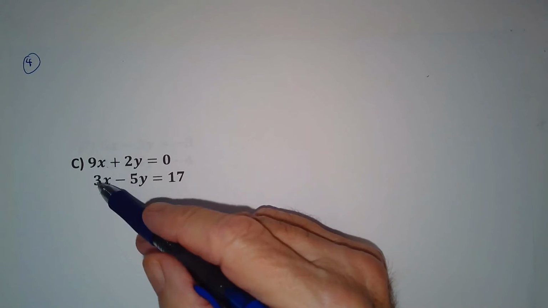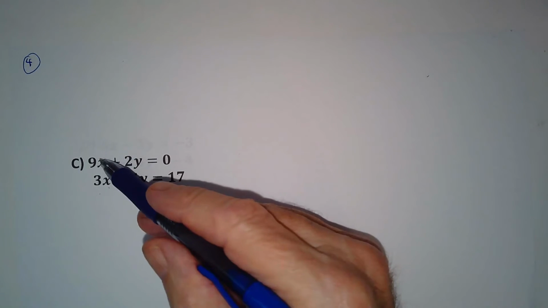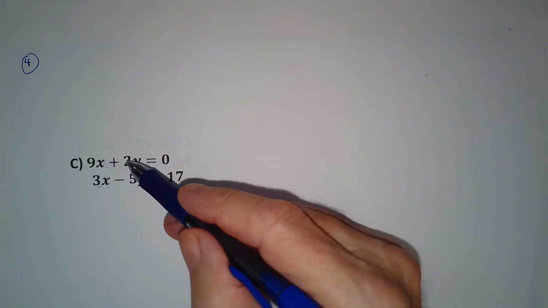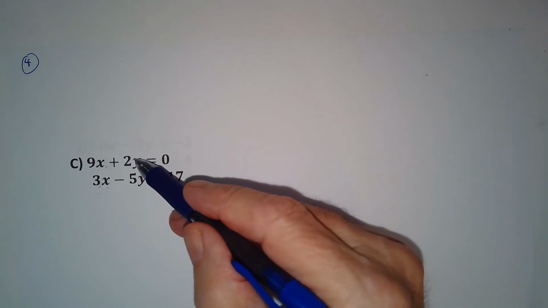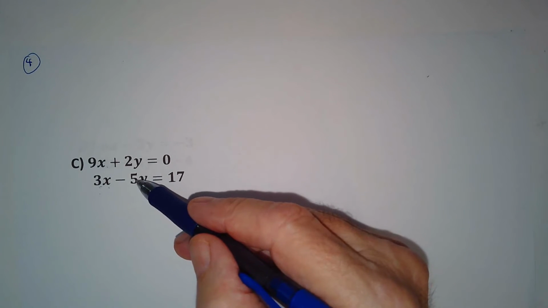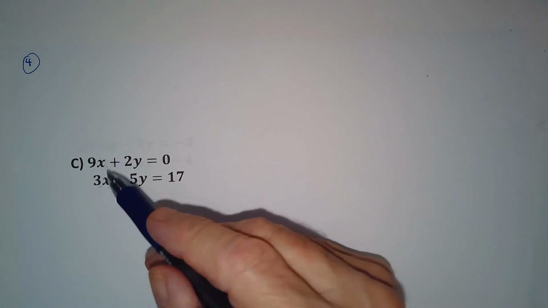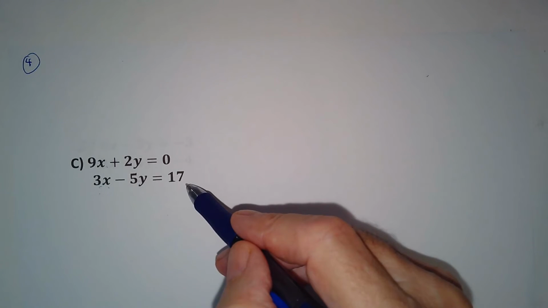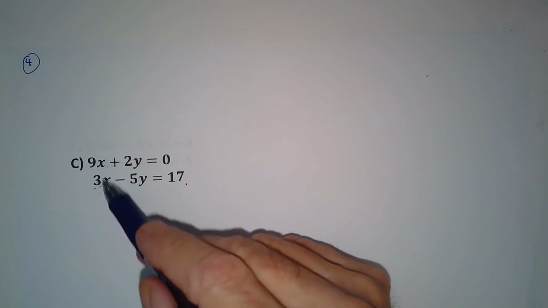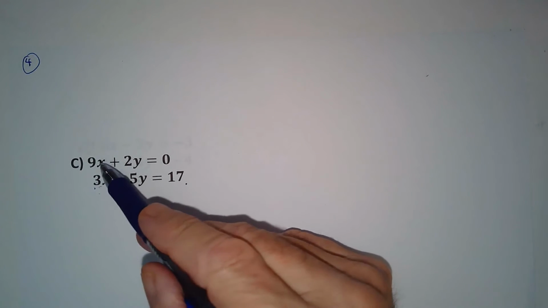The x's, well, I do see that 9 and 3, 9 is a multiple of 3, so that's helpful. But 2 and negative 5, it's not. But if I multiplied the bottom equation times negative 3, then I would have negative 9x, and that would be the opposite of the 9x in the top.